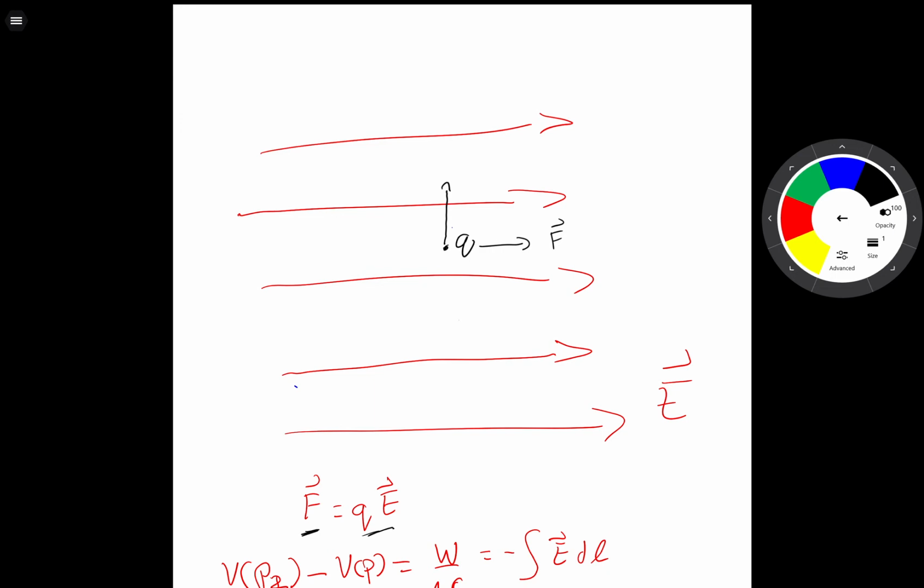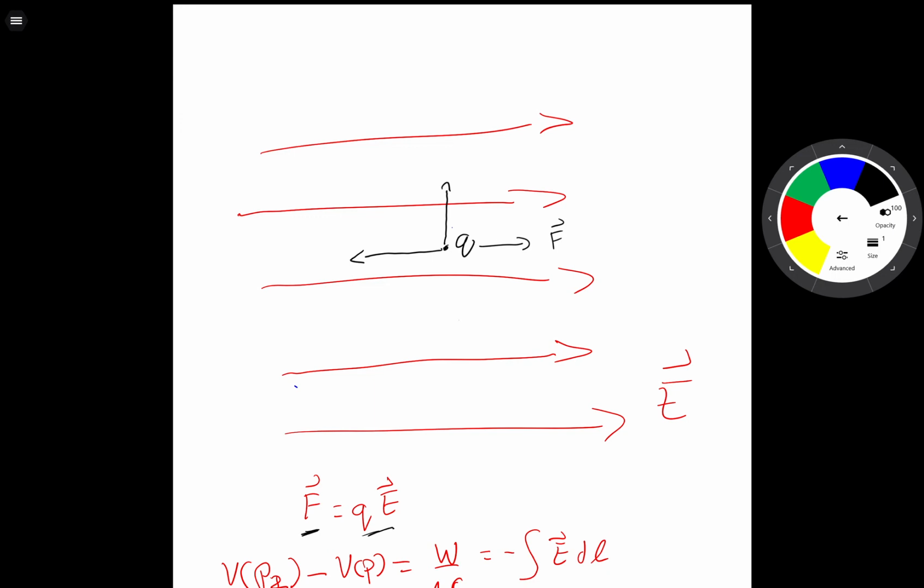So what if I move my charge opposite to the direction of my force? Let's say there is a very strong wind coming from one direction to the other. If I'm walking in the same direction as the wind, it would be easier. I would feel the force of the wind pushing me in the same direction, so I can walk faster, gaining kinetic energy.